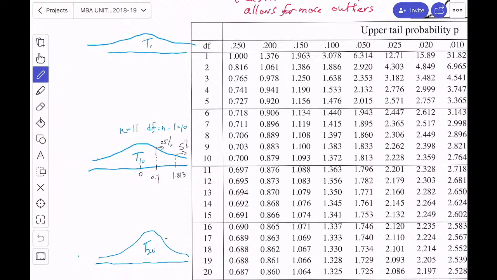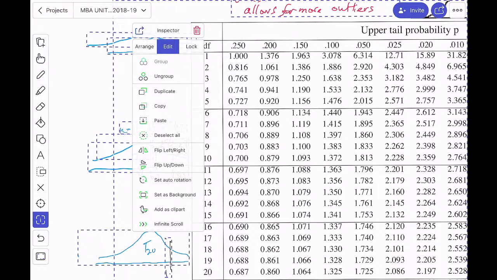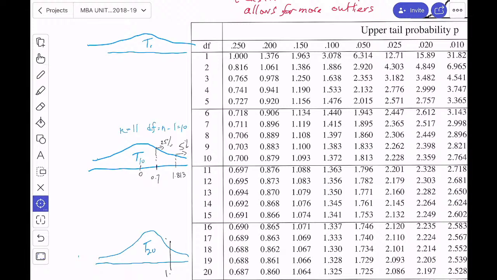You see, so this becomes like that. 1.725 to catch 5%. Okay, so I've got to make it even narrower.